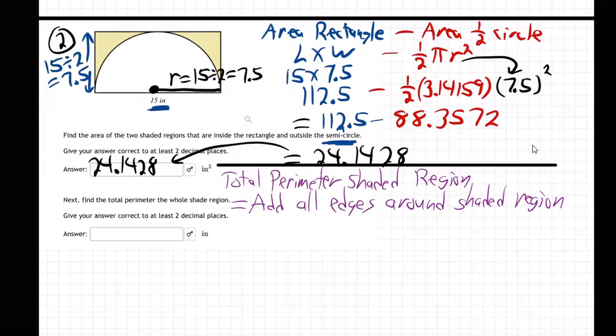So let's do it. So here we go. I'm going to start right here. There's that part. Right, and what's that? That's 7.5. Right, 7.5. And then the top part.